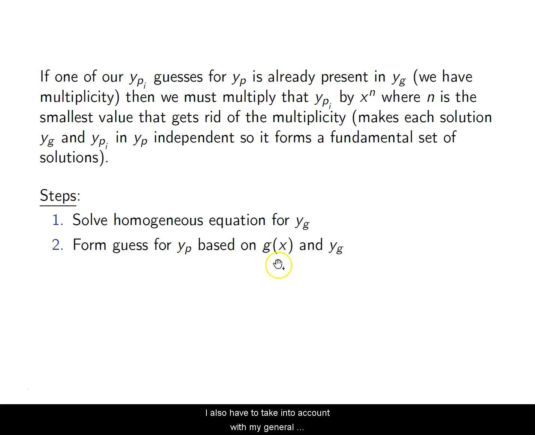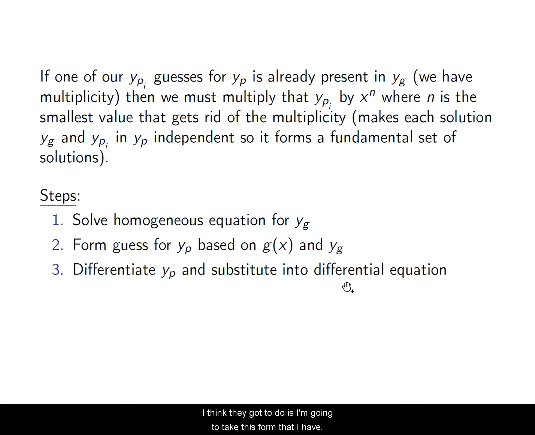I also have to take into account what my general solution looks like for the homogeneous equation, because if I have portions of the solution here that are repeated in my guess for yp, I have to multiply by x to the n to get rid of the multiplicity. Okay, and again, we're doing that for each piece, right? Each linear combination portion.